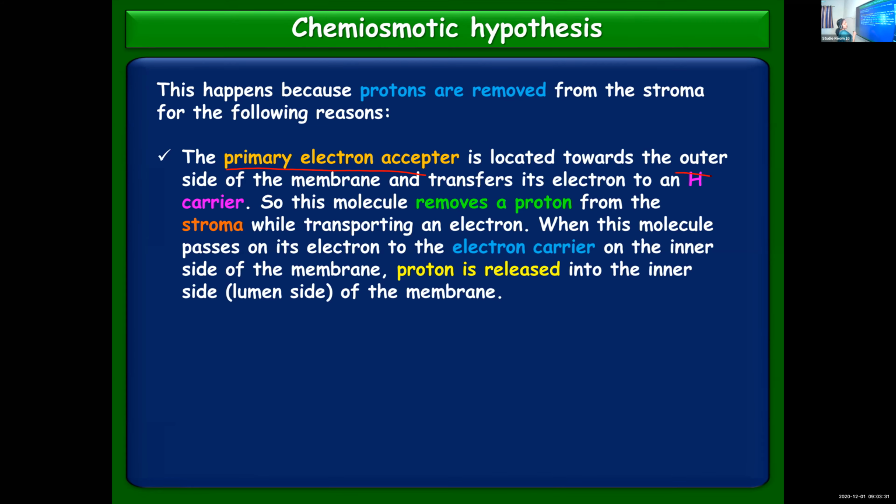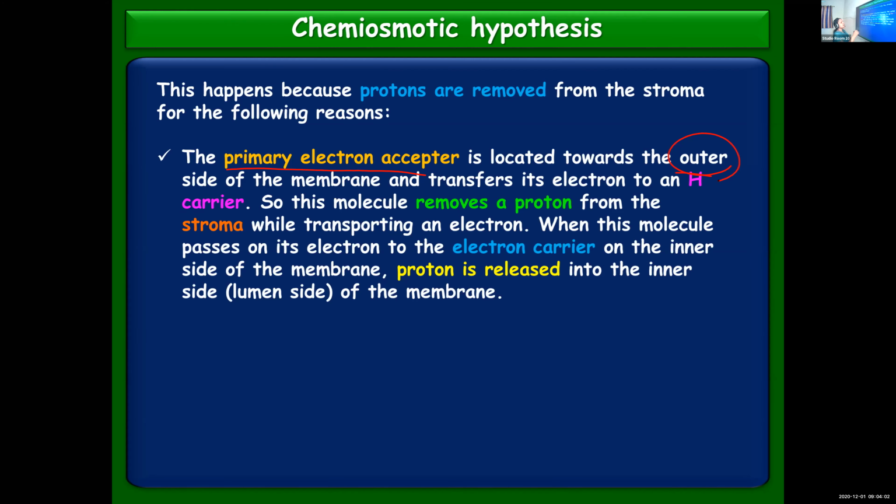So along with the transfer of electrons, it will remove a proton also from the outer part, that is the stroma. The protons accompanying the movement of electrons will be taken up from the stroma.